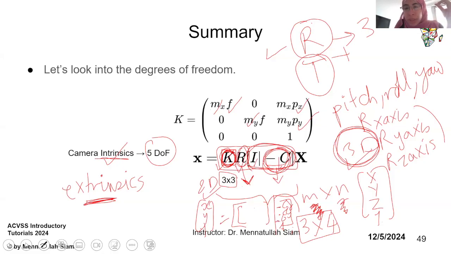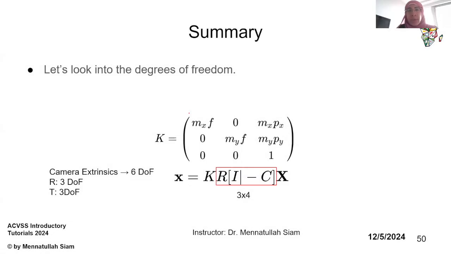Oh yeah, sorry, this is CZ, of course. It's not necessarily 0; I forgot to add that part. But anyway, we have 3 degrees of freedom for the translation as well. So in total, we end up having 6 degrees of freedom.